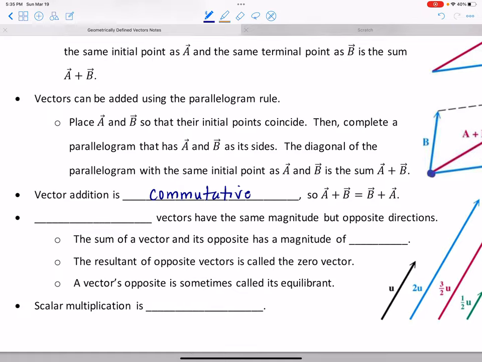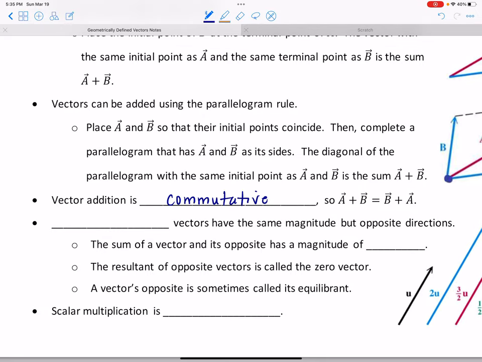And then we have this concept of opposite vectors, which I should have mentioned in the box up in the beginning, but I'll go back to it. Opposite vectors have the same magnitude, but they go in opposite directions. So what would happen if we were to add up two vectors that were opposites, that means same magnitude but opposite directions, is they're sort of undoing one another, and you end up with a magnitude of 0.